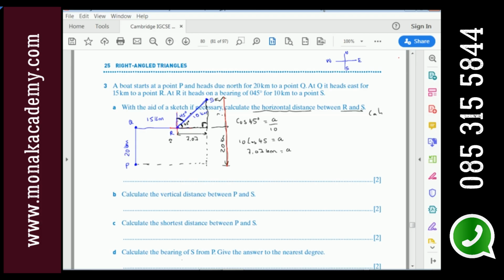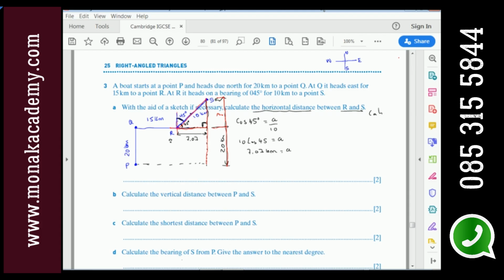Okay. Do we have this part? Yeah, we have that too. It's 20, right? So what do we need? We only need that part. Do you agree with that? So in order to get that part, we are not going to concern ourselves with the whole picture. We're only going to concern ourselves with what? With this triangle. Why?